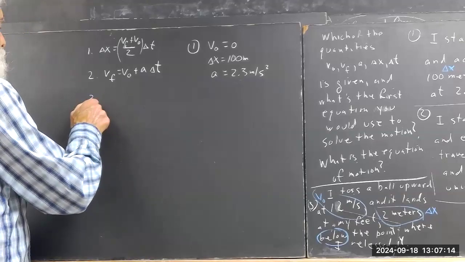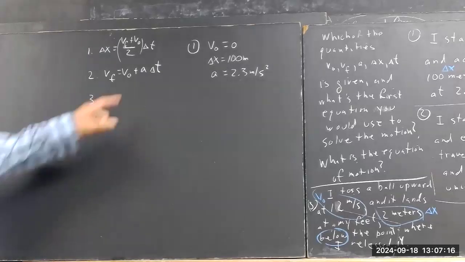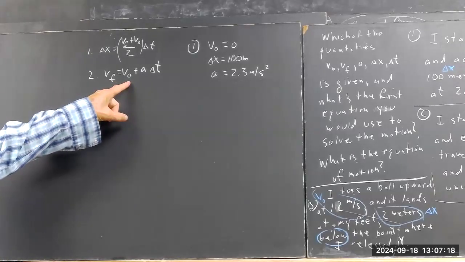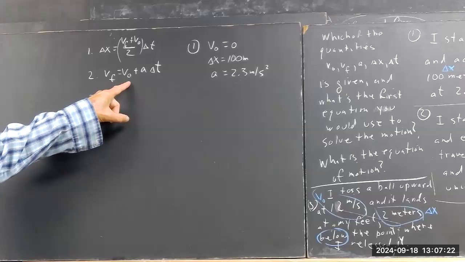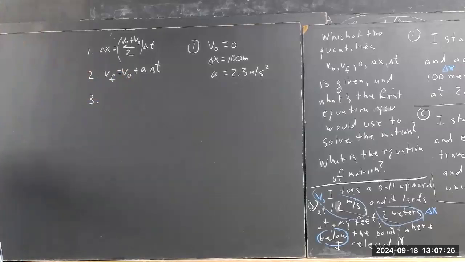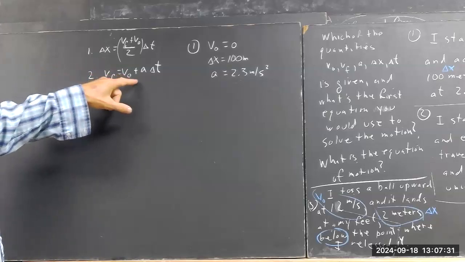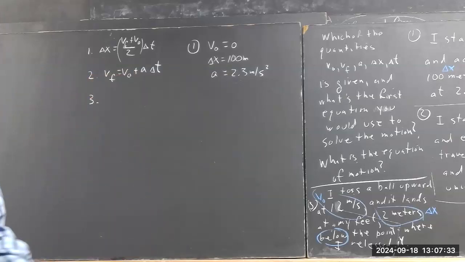The third equation, this is the one you get. And of course, this equation also comes immediately if you integrate a constant acceleration with respect to time. We did that on the first day. We did that early, and you should understand how that works. Third equation then comes just integrating this with respect to time.